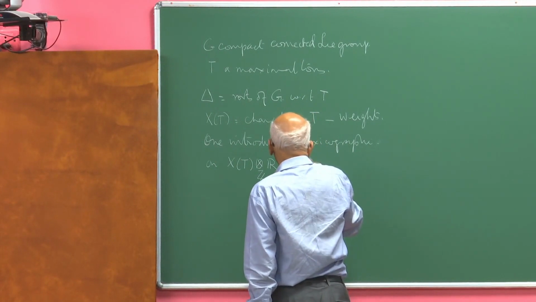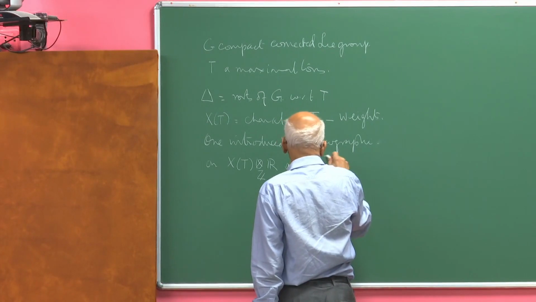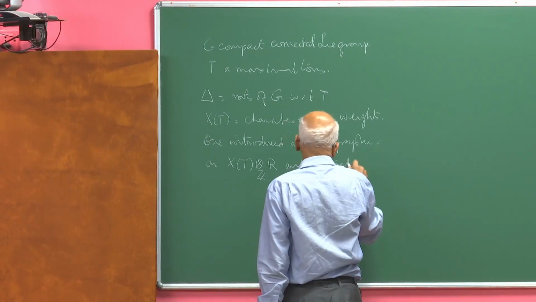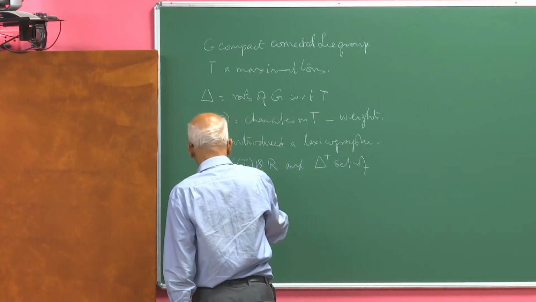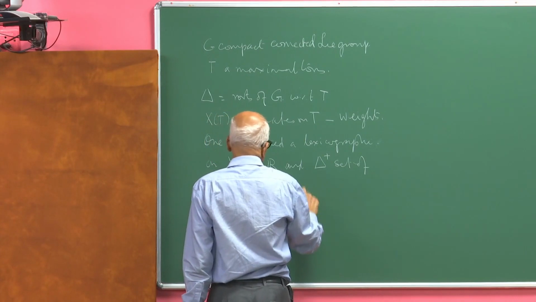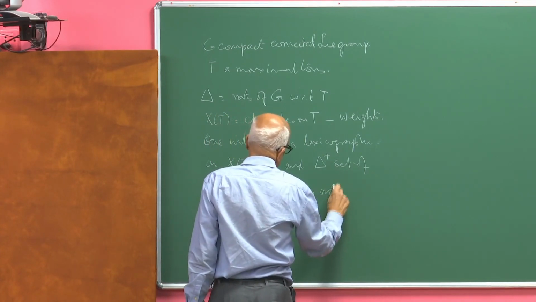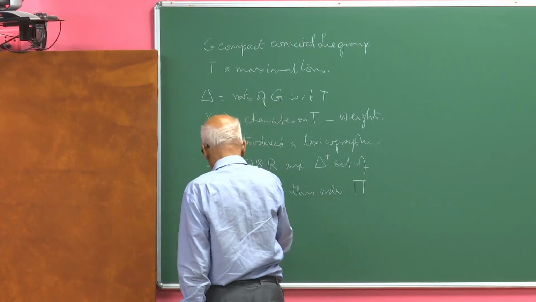And we denote by delta plus the set of positive roots for this order, and pi the set of simple roots.